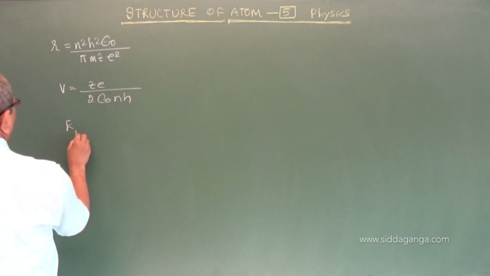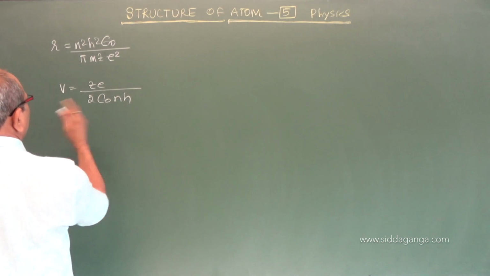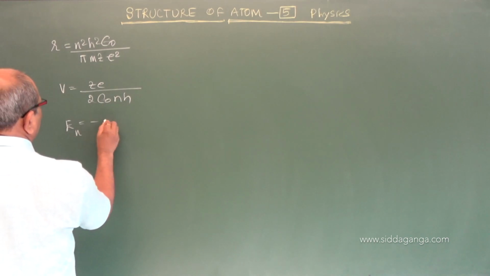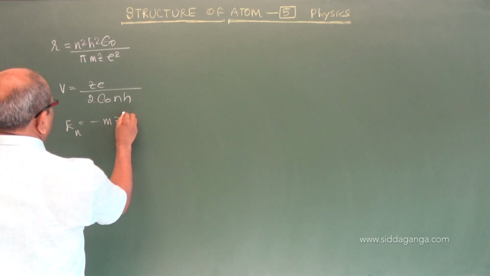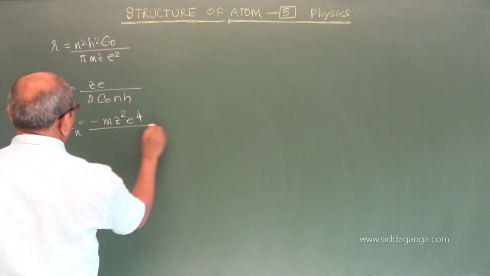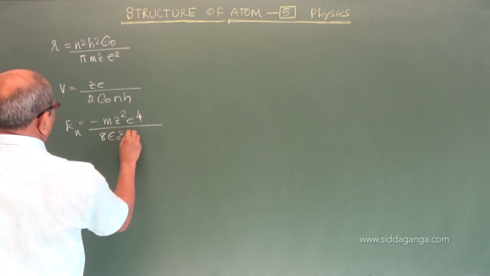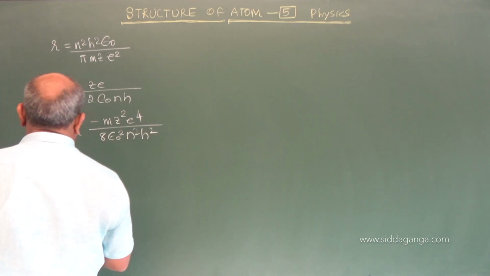We also got the energy expression for the electron in any orbit, kinetic energy, potential energy and total energy, minus m z square e power 4 by 8 epsilon naught square n square h square.